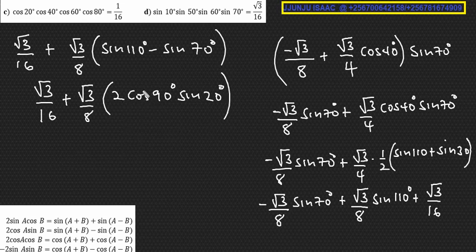But now this one here, cos of 90 is 0, meaning the whole of this is going to be 0. So we have left root 3 over 16 plus 0, which is root 3 out of 16. And this was our struggle, which we have achieved.